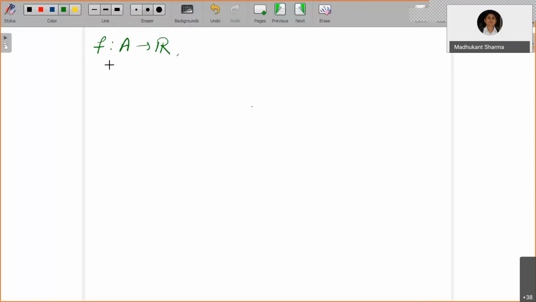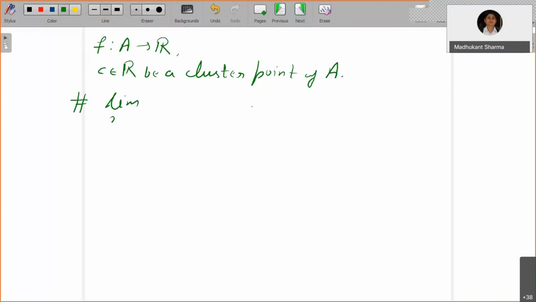Let C belong to R be a cluster point of A. Then we have seen when the limit as x tends to C of f exists and equals L. So we have seen the epsilon-delta definition.